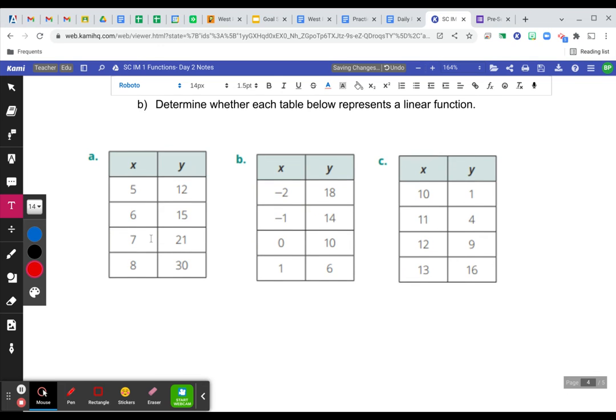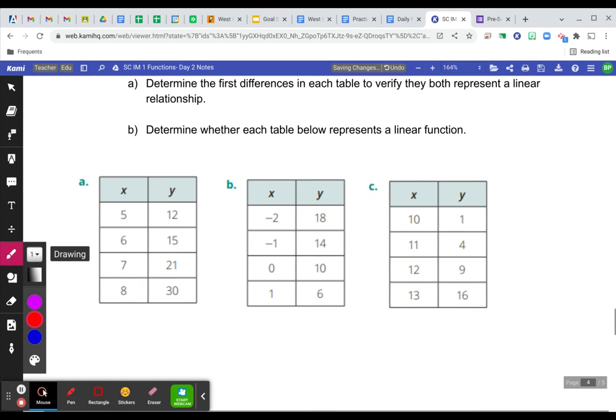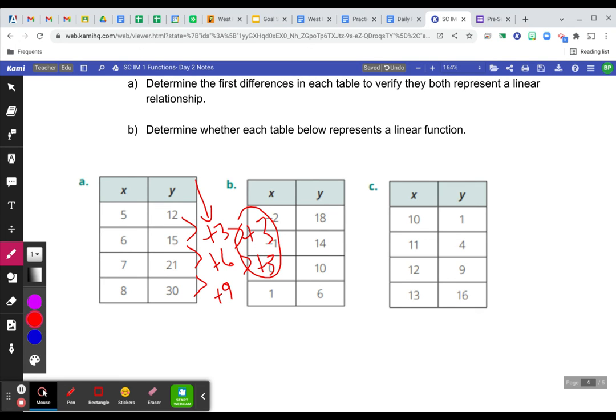So if we jump down here, take a look at these. This one appears to add 3, and then add 6, and then add 9. So what's curious about this is actually the second difference is common. Now that doesn't count as linear, because for it to be linear, the first difference must be common.